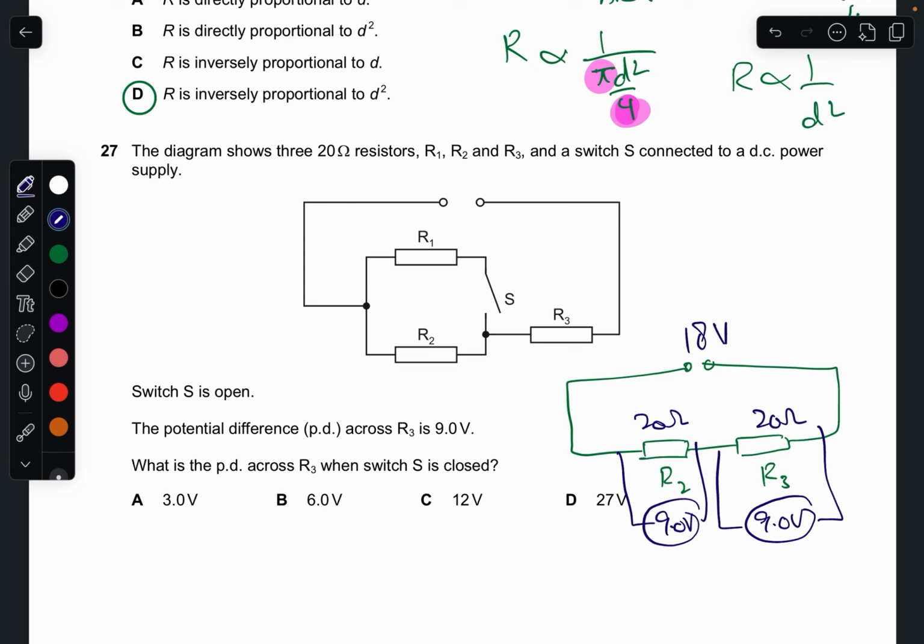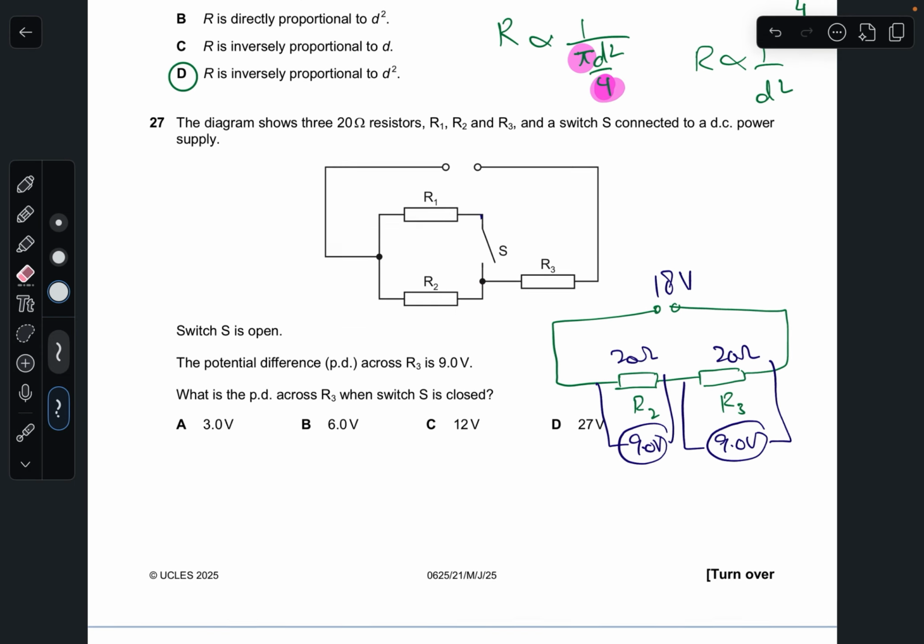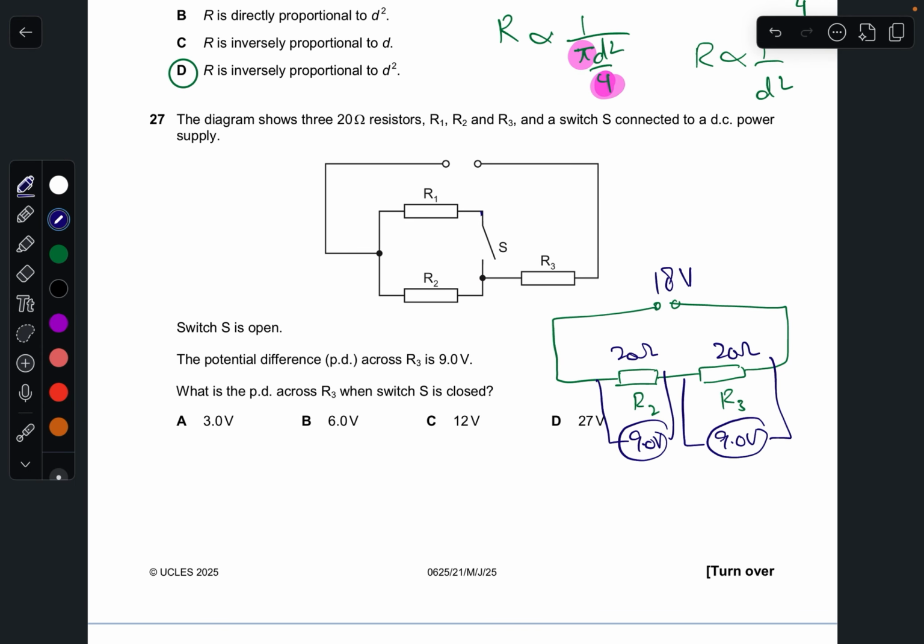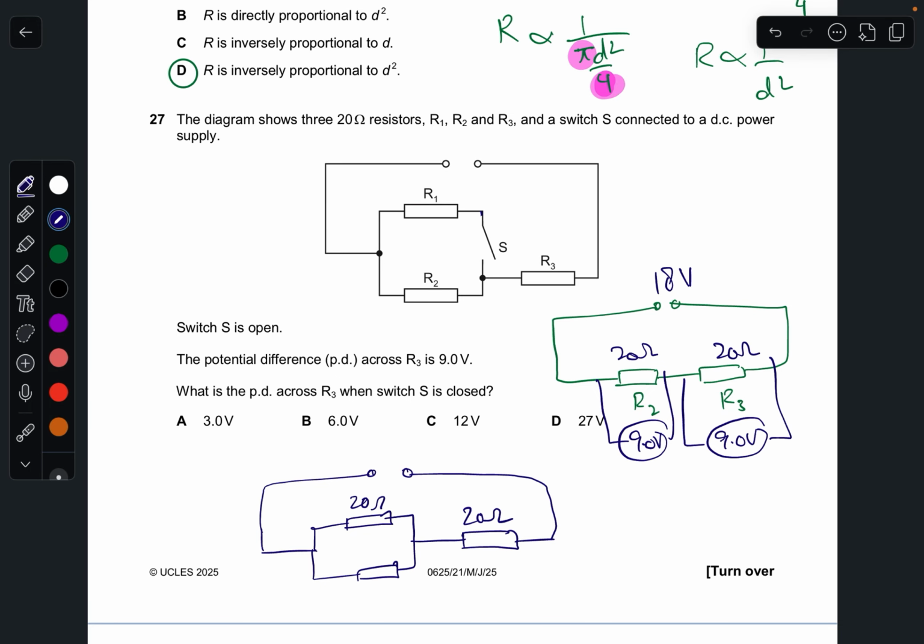Now they're telling us the switch is closed. Let me draw it here. When the switch is closed, what will happen? This is 20 ohms, this is 20, this is 20. So R1 and R2 are in parallel.